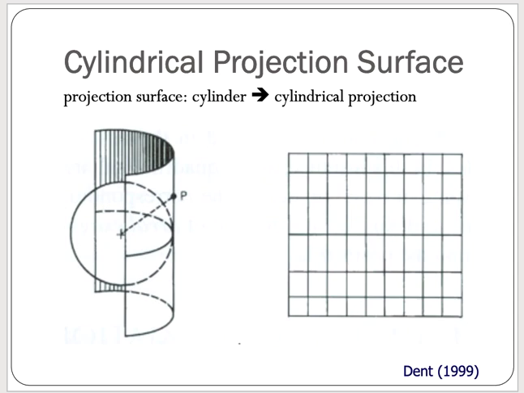Again, for the cylindrical projection surface, you have a cylindrical paper wrapping around a transparent globe or Earth, and inside the Earth there is a light bulb, and this light bulb is projecting the latitude and longitude grids on the cylindrical surface.